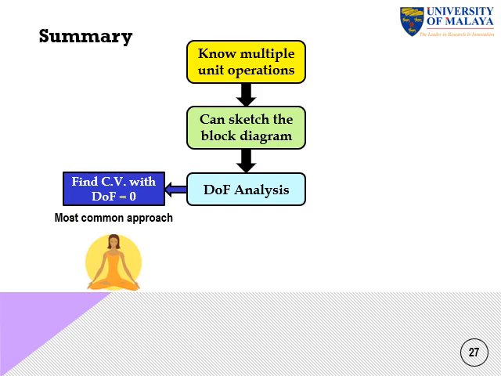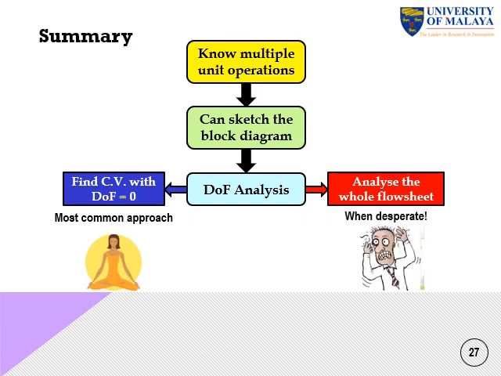This is the most common approach, which will make your life easier. Or if you cannot do that, you need to analyze the whole flow sheet, look at all streams, how many variables you have, and how many independent equations you have, when you are desperate and have no choice, unfortunately, because such is life.